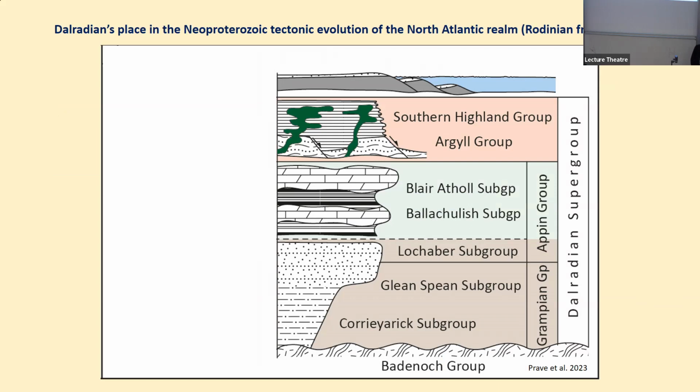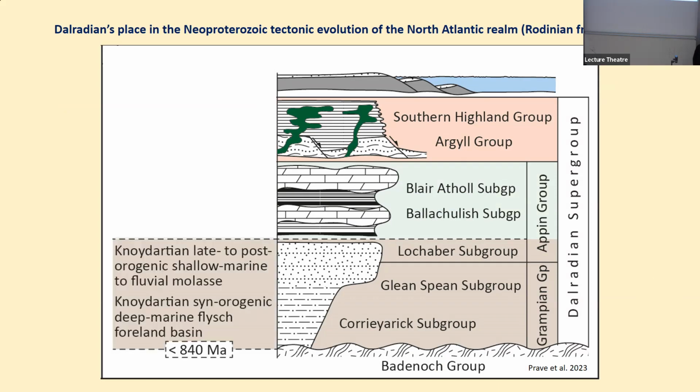So if we then come back to putting this into the North Atlantic realm in terms of the tectonics, we can build a pretty nice story, I think. What I've highlighted in brown is that molasse phase of sedimentation associated with the Knoydartian orogeny, this rotational collision as Baltica collided with Laurentia. We can think of then the Blair Athol-Bellahoolish subgroups as what we recognize in foreland basins worldwide, the successor or overstep basins.